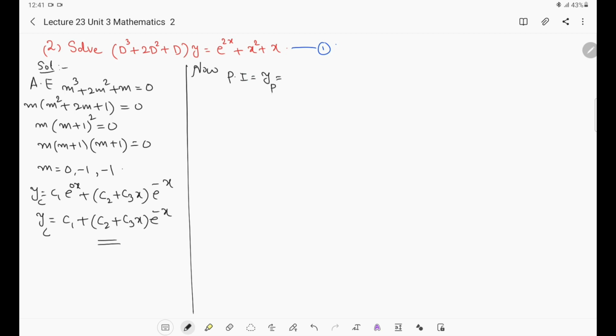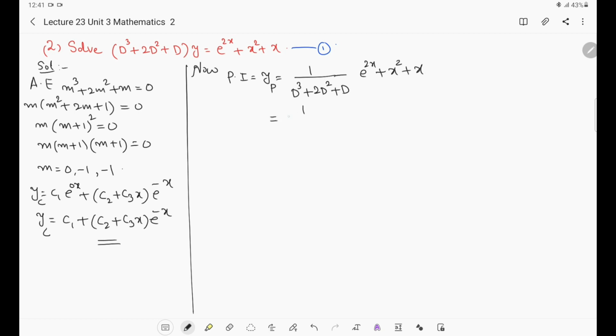yp equals 1 by (D cube plus 2D square plus D) into (e power 2x plus x square plus x).